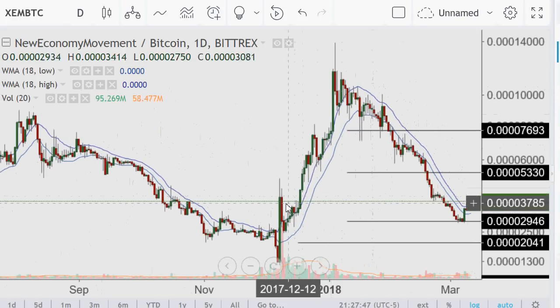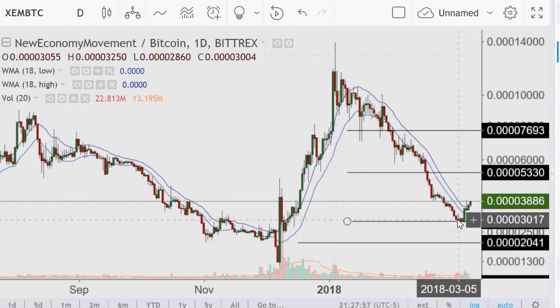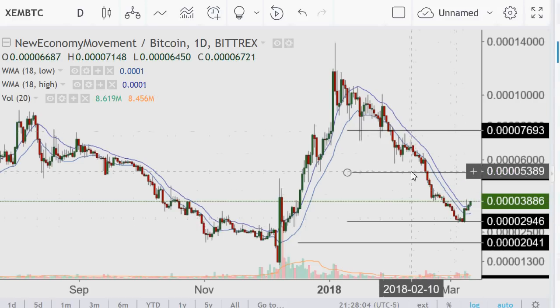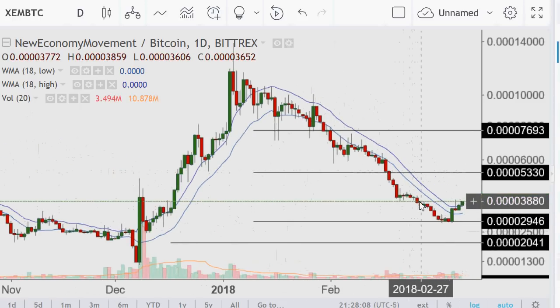So what it lost in half a year, it got back in 1 month because it topped on January the 4th. Well, this bottom came into play on March the 3rd. So right now, if this is the bottom, and bottoms and tops are known after the fact, it will be 2 months. What is after the fact?